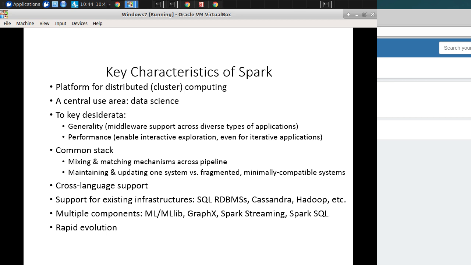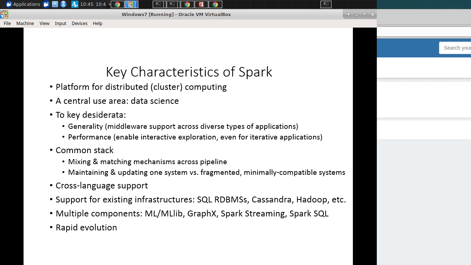And it has these two machine learning libraries, what's called ML and what's called MLlib, not to be confused with similar language names. And then there's GraphX for graph processing and Spark SQL. And there's a rapid evolution that's gone on within Spark that we will likely be encountering for some of its implications in the course of the semester.